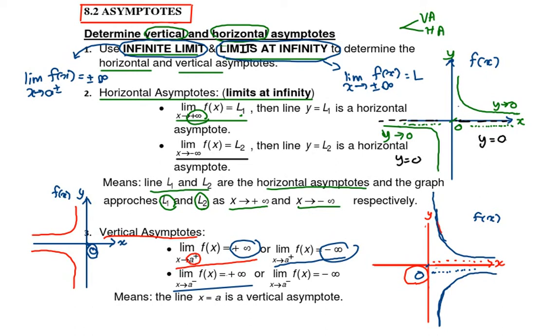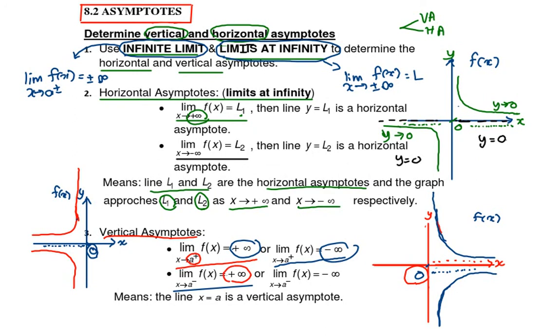When x approaches a from the left, that means x approaches 0 from the left. Look at this graph first, y is increased. Means positive infinity.